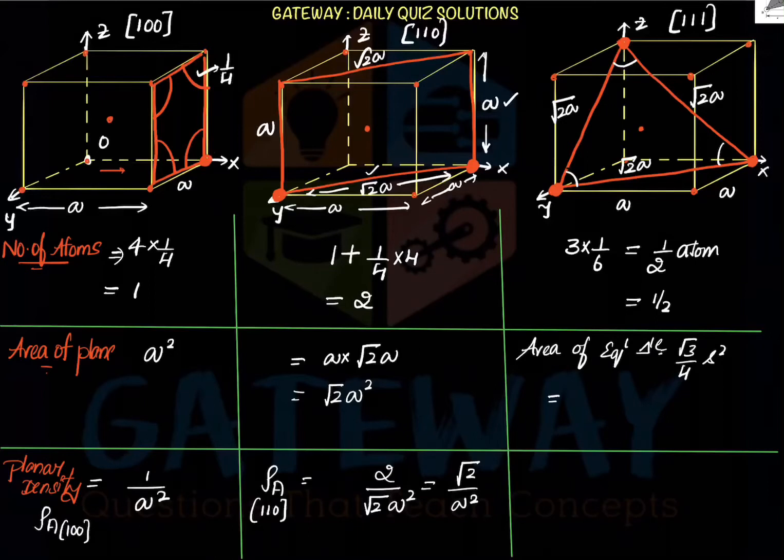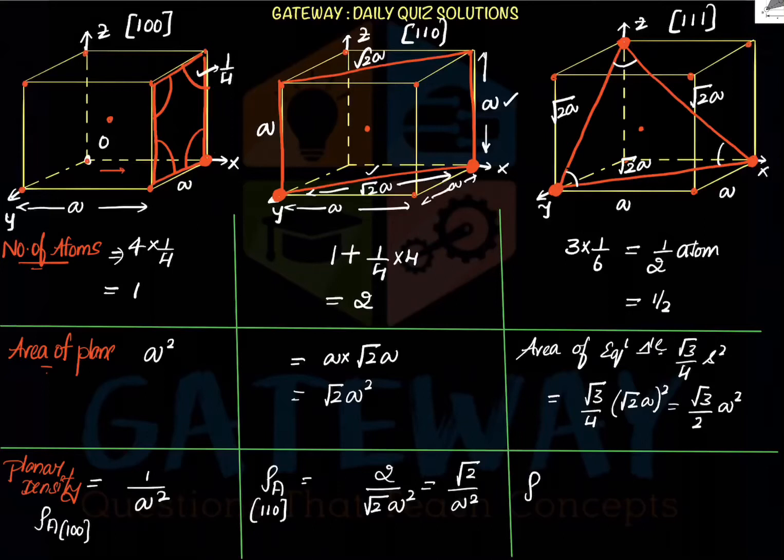Therefore our area comes out to be root 3/4 into root 2A whole square, and that comes out to be root 3 by 2 into A square, right?